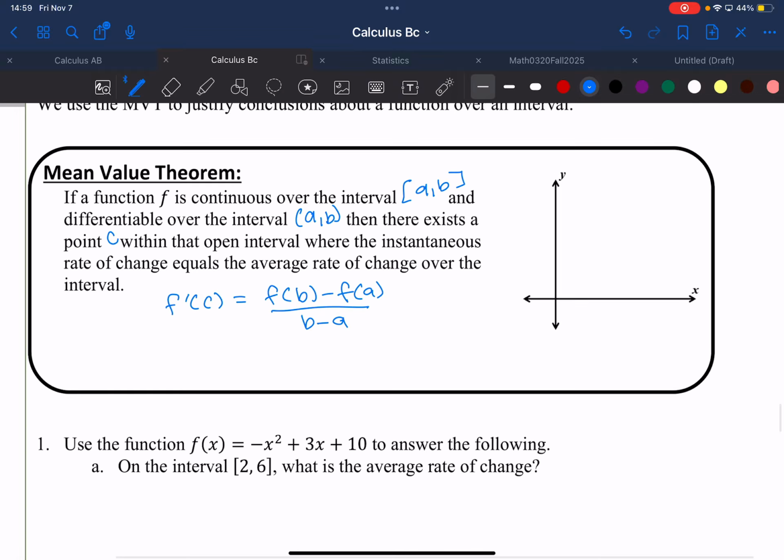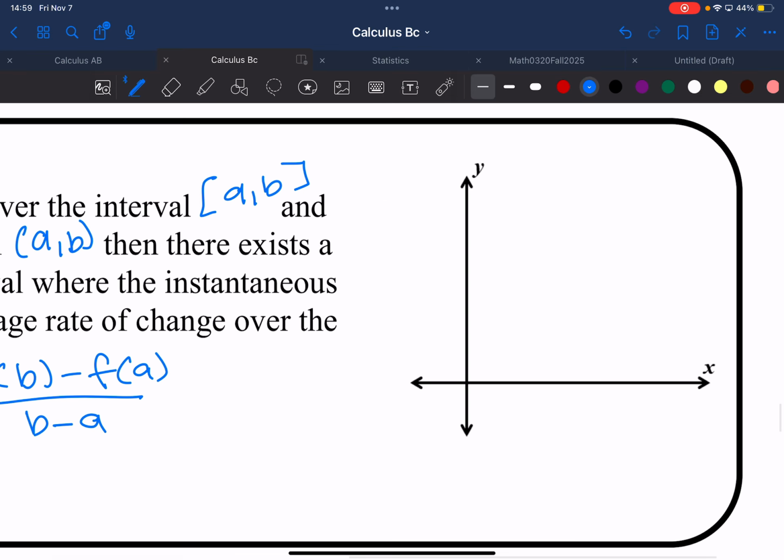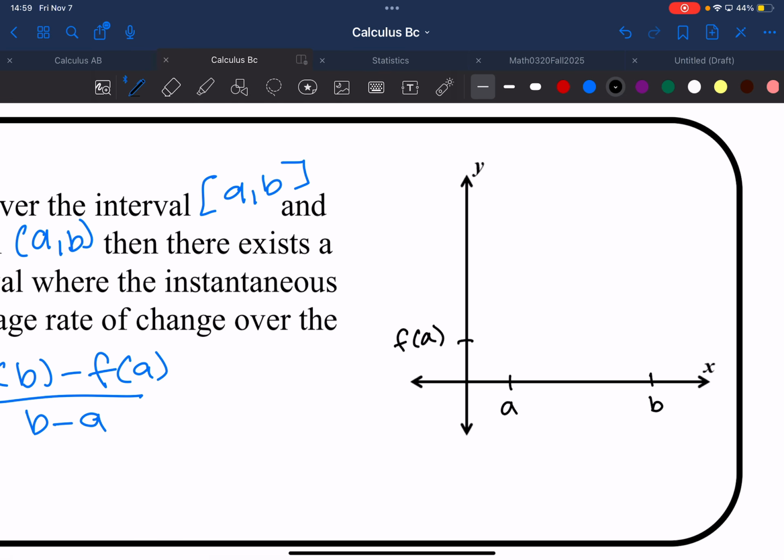I would make sure you have two different colors, so maybe your pencil and a marker, when I draw the diagram off to the side. So how would this look visually? If we were to graph this, we would have our points a and b with the corresponding y values of f of a and f of b.